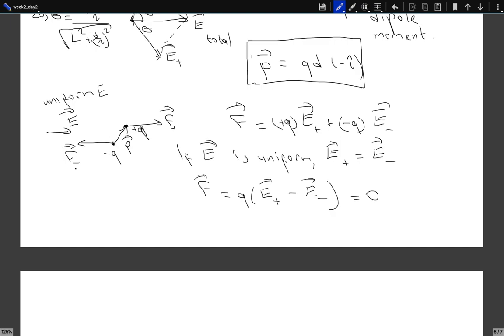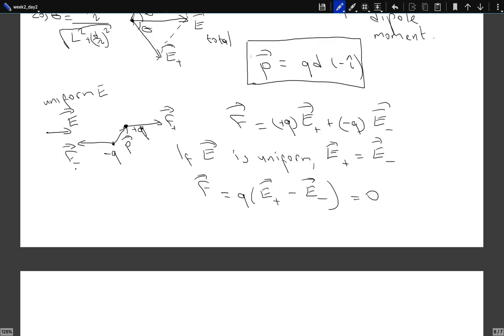If the electric field is uniform, the magnitudes of these two forces will be the same, and they are pointing in opposite directions. That is why we have the total force equal to 0. But they are not acting at the same point, which essentially means that they can create a torque. It will cause the dipole to rotate.